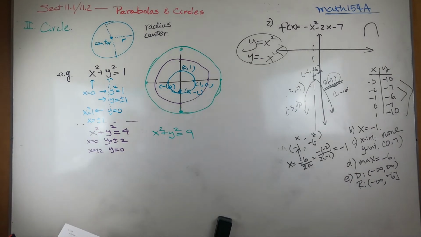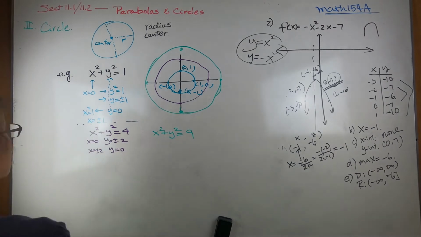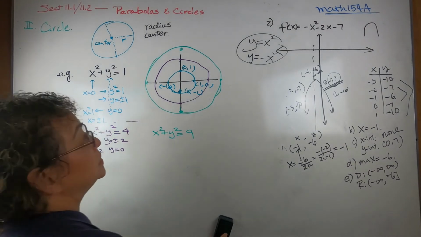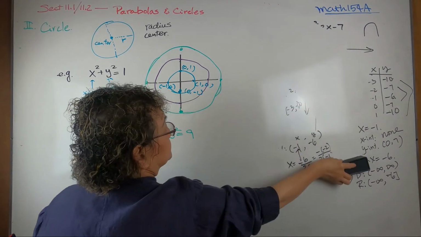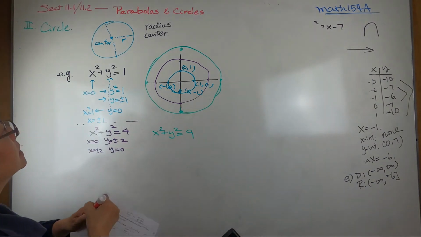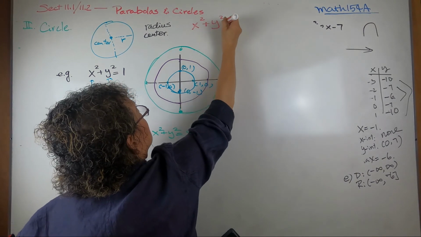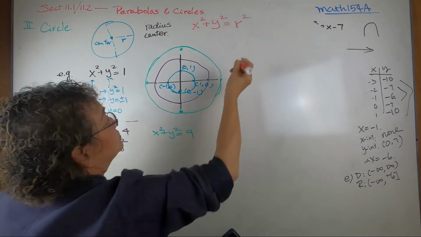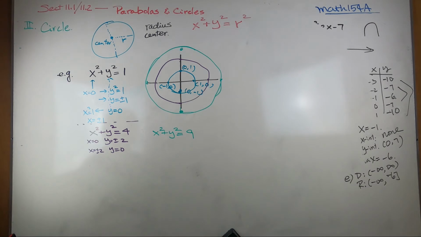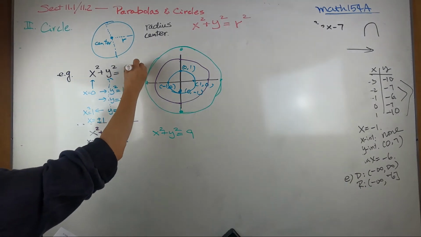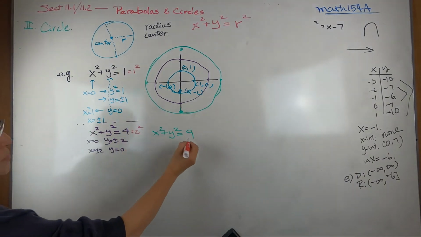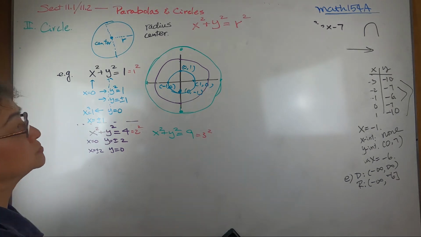So, did you see a pattern? If I have x squared plus y squared equals some good number r squared, what do you think? This one is like 1 squared, this one is 2 squared, this one is 3 squared.